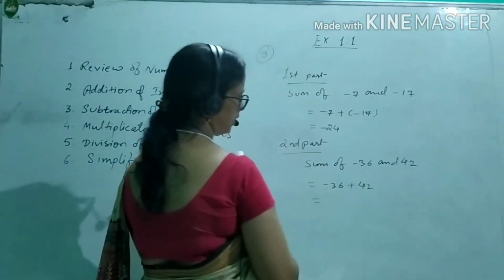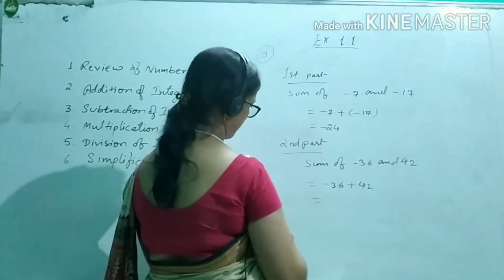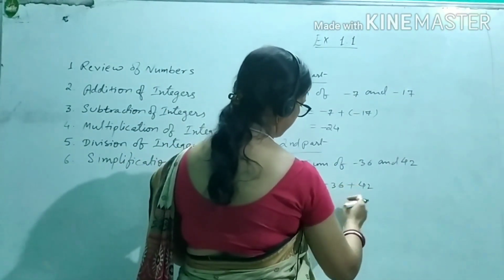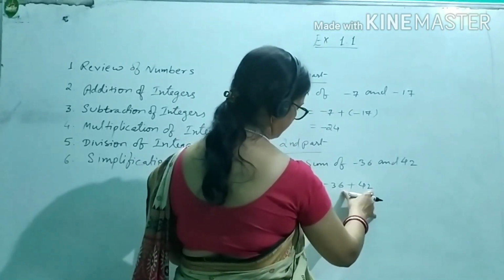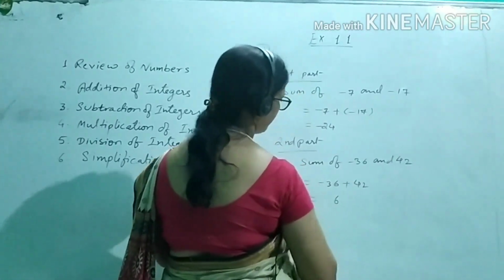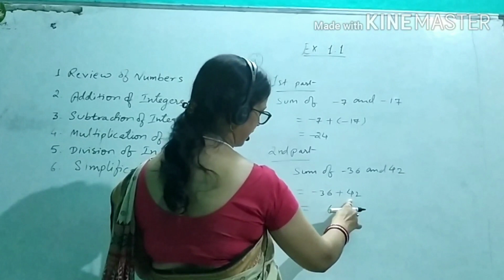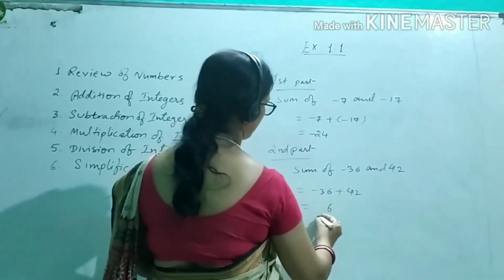Children, here one is negative and another is positive, so we have to subtract these two. On subtracting, what do we get? 42 minus 36, we get 6 only. So the answer is 6. Why 6? Because the larger number has the sign plus.